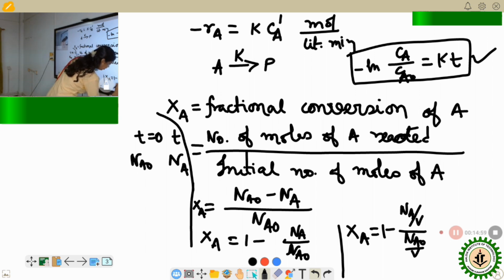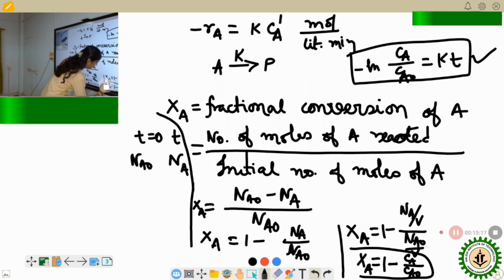What is that? That is concentration. Means I can write 1 minus Ca by Ca0. This term is very important.